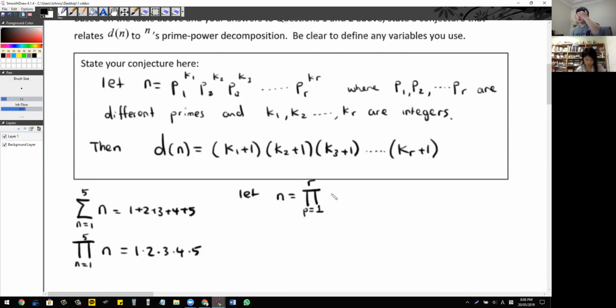So P starts from 1, and little p, maybe I shouldn't use P, I should use Q. So Q here, and then this is K of Q. So that's the same thing as this one here. Because you plug in 1, and you get P1, K1. Plug in 2, then you get P2, K2, right? You plug in R, PR, KR, right? Yeah.